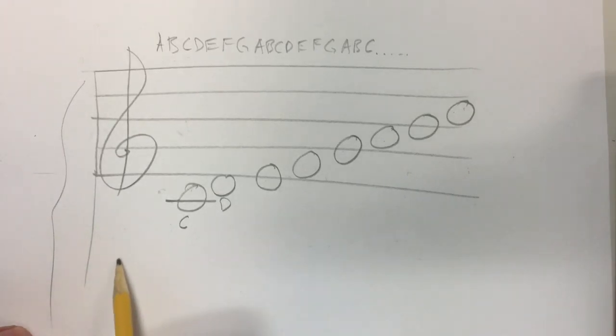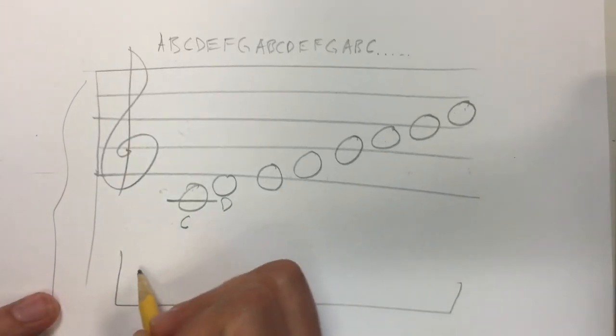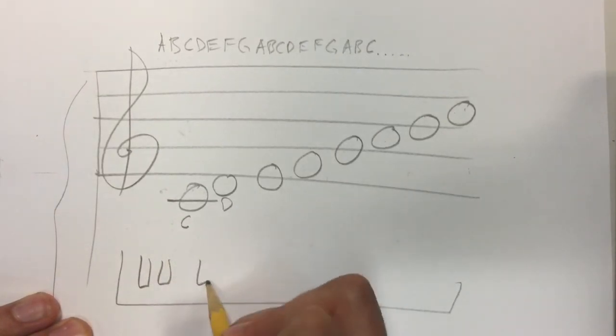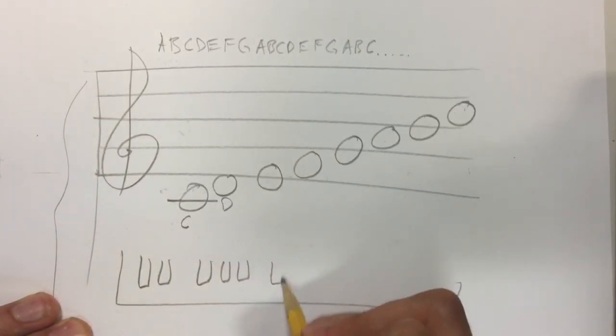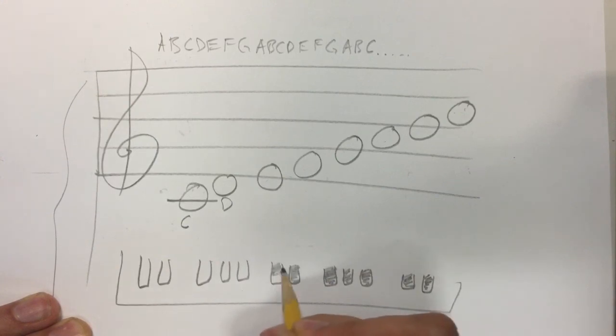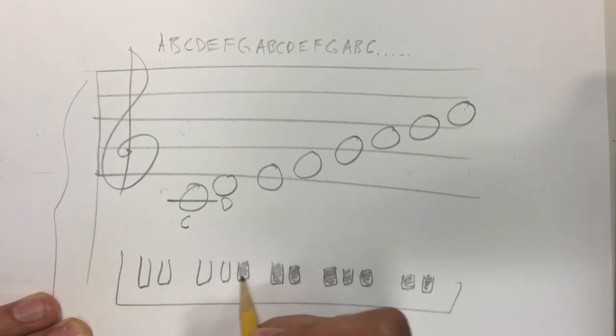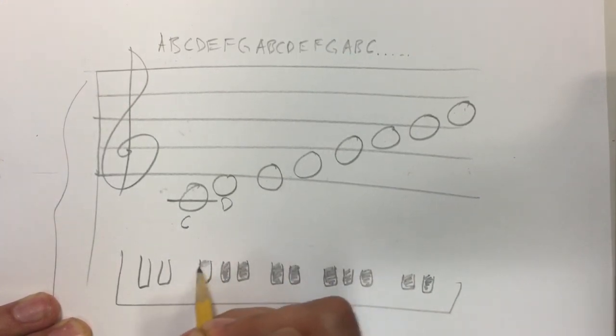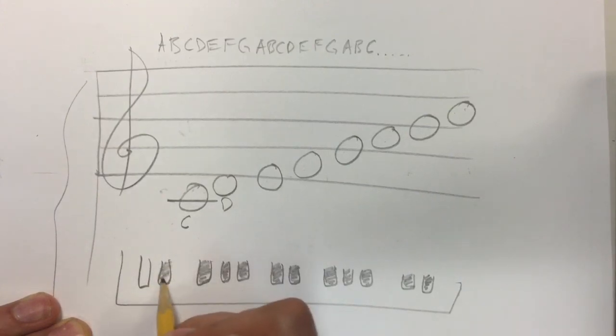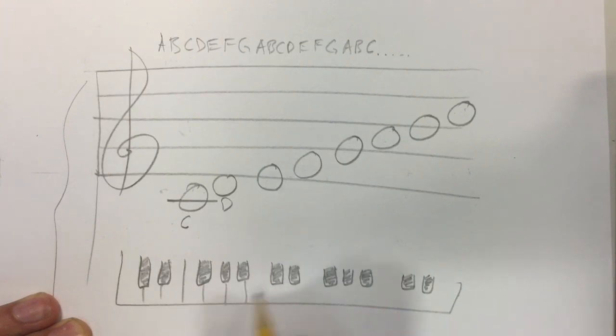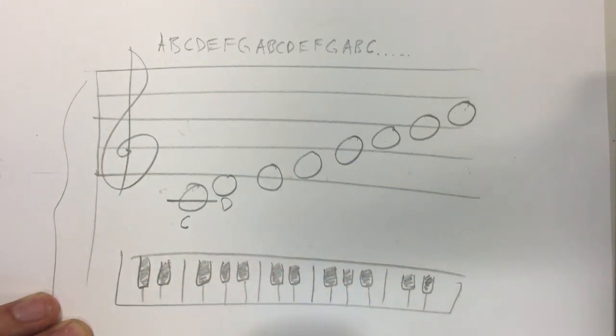Now, just to give you a picture of this, I'll draw the piano really quickly for you here. I teach music, not art, so no judgment. This is a little picture of a piano. All right.